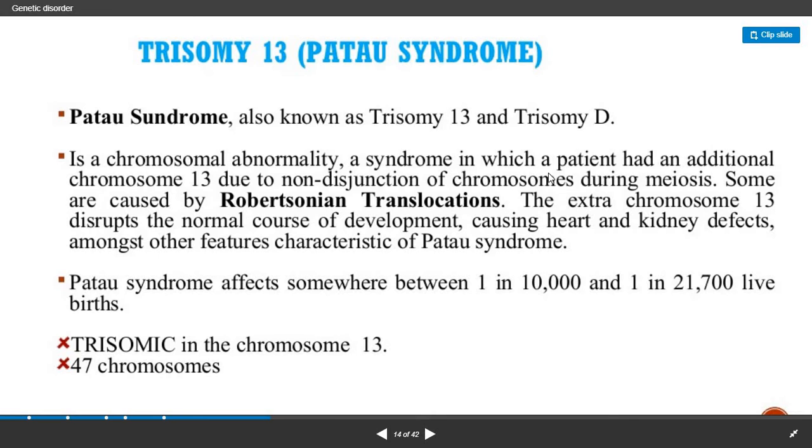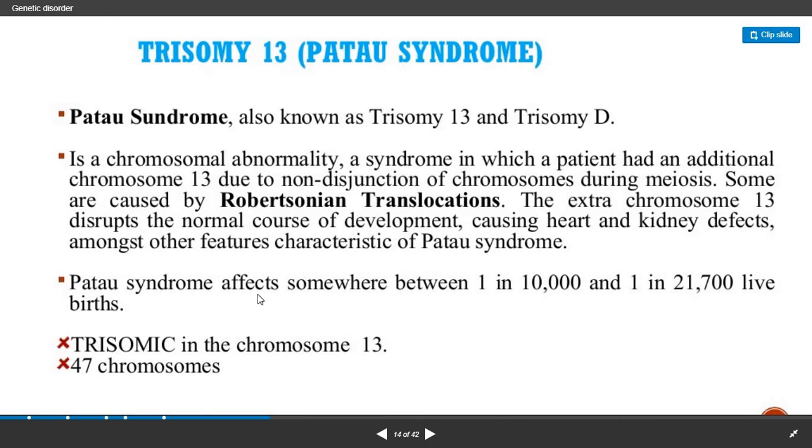Patau syndrome, also known as trisomy 13 and trisomy D, is a chromosomal abnormality. It is a syndrome in which a patient has an additional chromosome 13 due to non-disjunction of chromosomes during meiosis. Some cases are caused by Robertsonian translocation. The extra chromosome 13 disrupts the normal course of development, causing heart and kidney defects, amongst other features characteristic of Patau syndrome.